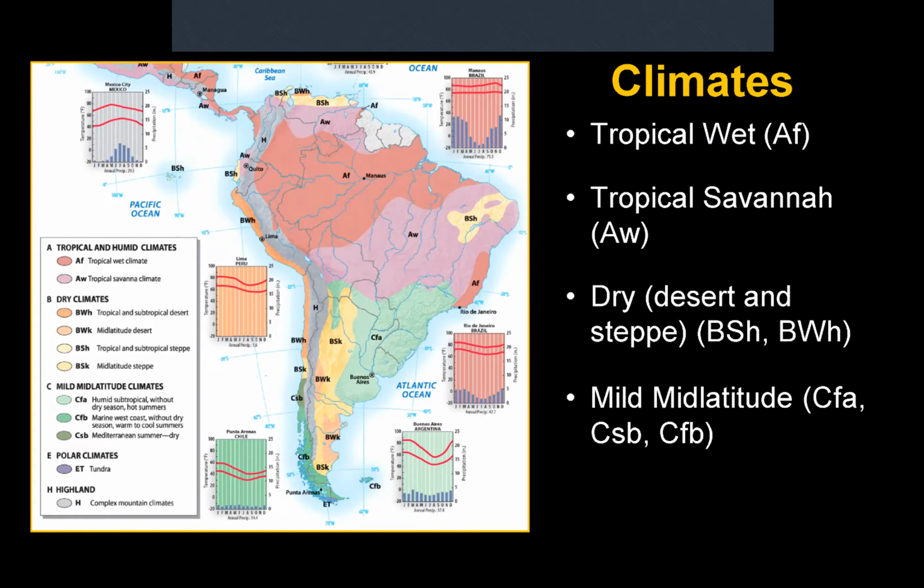And then there's some other types of climates that we're not going to talk a whole lot about in this course, but it'd be important, like here in the United States. And these are mild mid-latitude climates, and they're the C climates. So the CFA climate is humid subtropical, so it's warm and humid, but without a dry season, but hot summers.